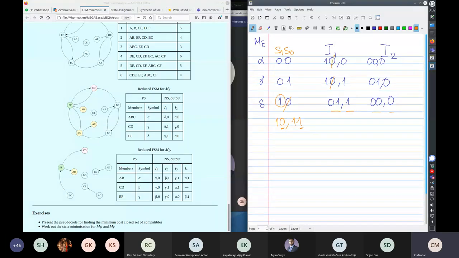I can leave this output as don't care. All right. So that way, when I optimize the function, I just have some additional scope for carrying out the optimization.